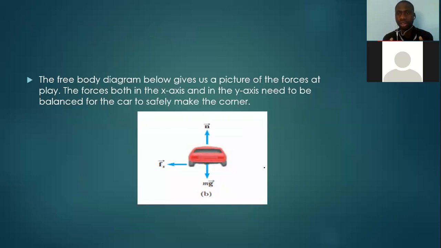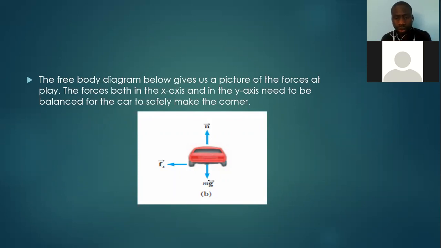again, we have to see a free body diagram, because a free body diagram gives more meaning to what is being felt or experienced. We know that due to the weight of the car, since we have looked at an example of a car, we expect there to be weight pulling the car down.